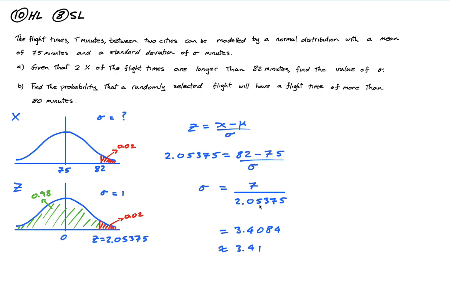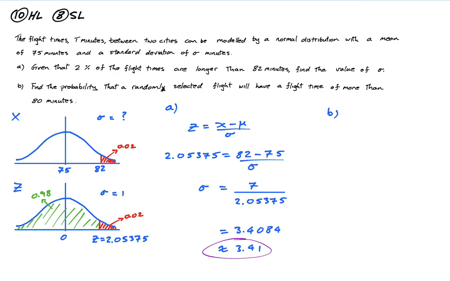And that's my answer. That is the answer to part A. I should have written part A. Put a ring or a box around it just at the end. Okay, part B.